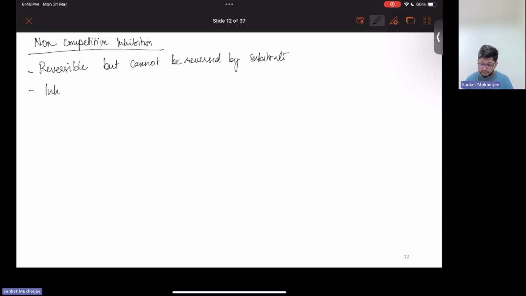The inhibitor binds at a site other than the active site.